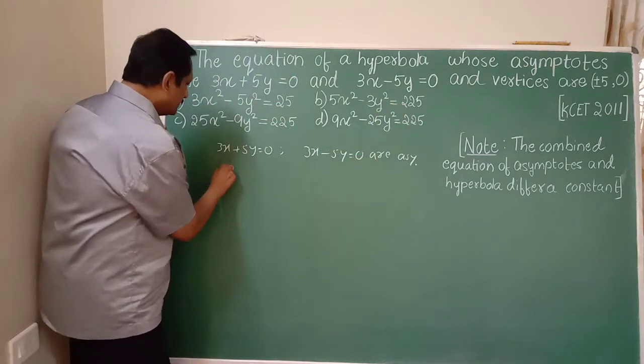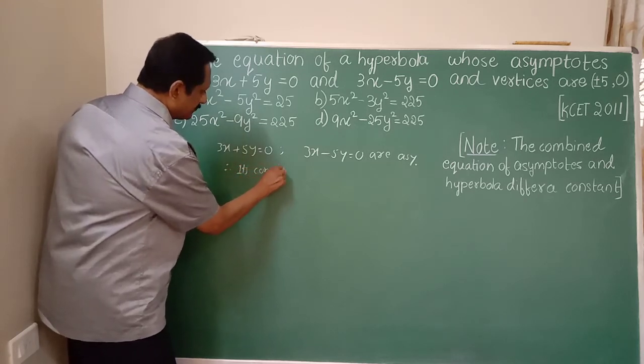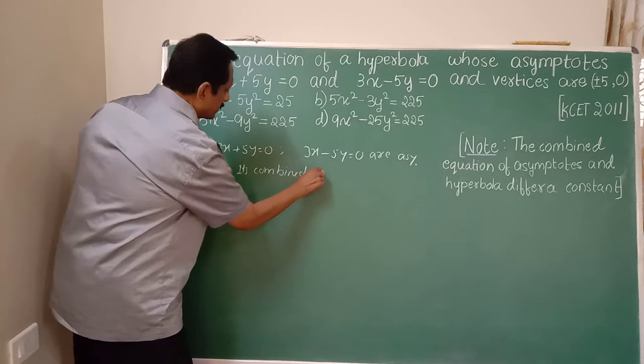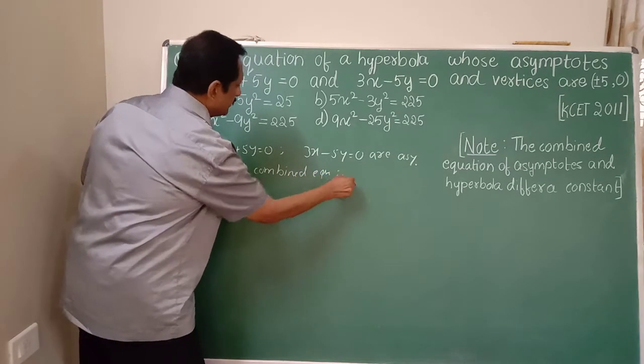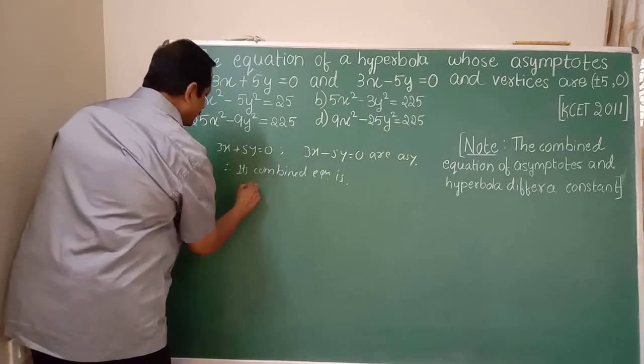Therefore the combined equation is of the form (a + b)(a - b).